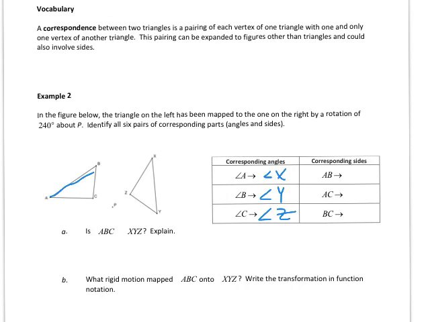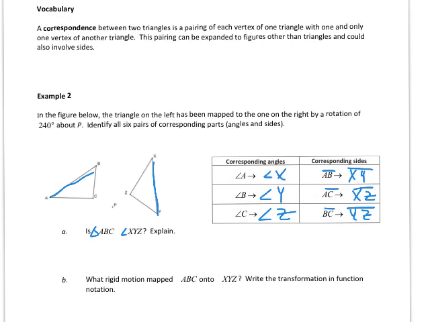AB is going to be XY, and the order is important, and there should be a line over these because they are line segments. We're not talking about the distances, we're actually naming the sides. So AC, with the line over it, corresponds to XZ, and again the order of the letters is important. BC is going to be YZ. That's really all this is. This correspondence is just making sure you have the letters in the right order.